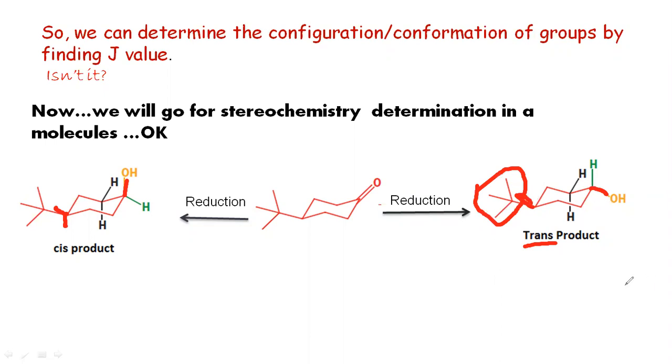You are getting this? Therefore these are called cis and trans. Why is it trans? Why is it cis? First understand this concept. So equatorial-equatorial is trans, and axial-equatorial is cis.